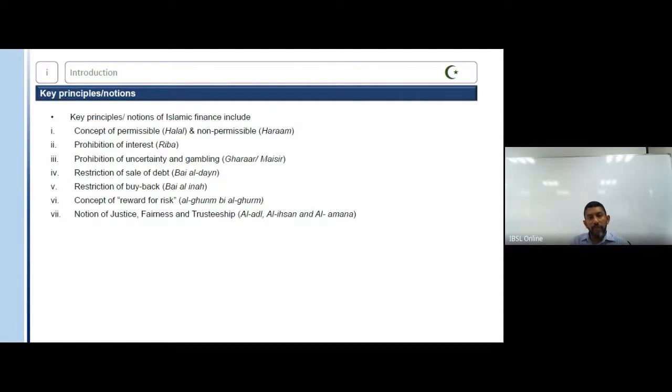We will go into details of these principles now, with the focus on what these principles mean and the implications for banking. Those are the two areas we will discuss under each principle. It makes sense to pay attention to those principles. And the first principle is the concept of permissible and non-permissible.